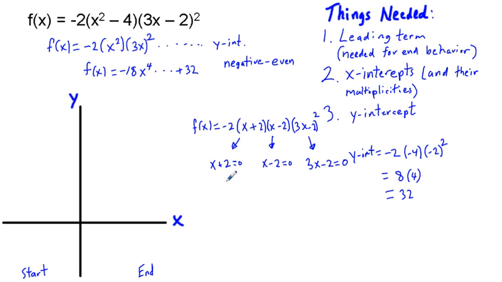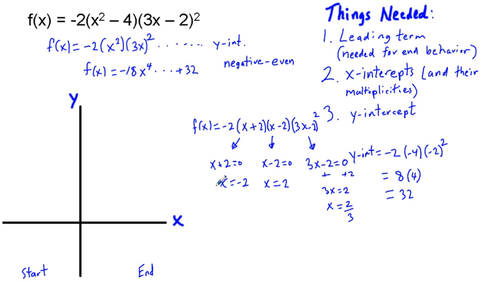And then solving each of these, we have x is equal to -2, x is equal to 2, and then over here, we're going to add 2 to both sides. We get 3x is equal to 2, and so x is equal to 2/3.